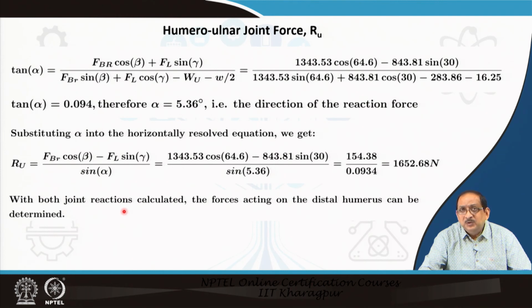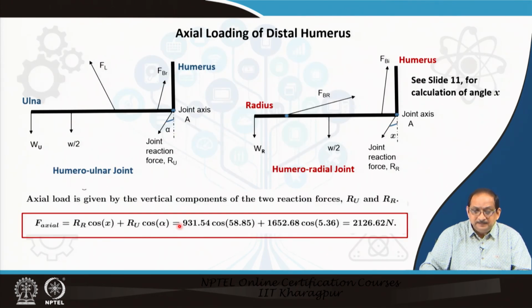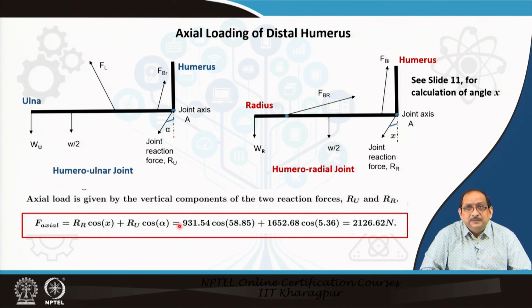Now, with both reactions calculated, the forces acting on the distal humerus can also be determined. We have come to a point that we have two separate joint reaction forces. One is the humero-ulnar joint reaction force, the other is the humero-radial joint reaction force.